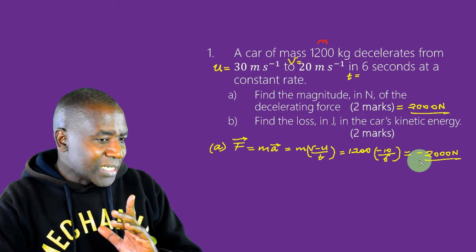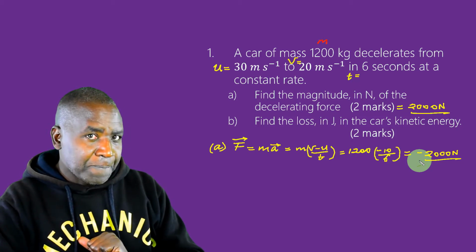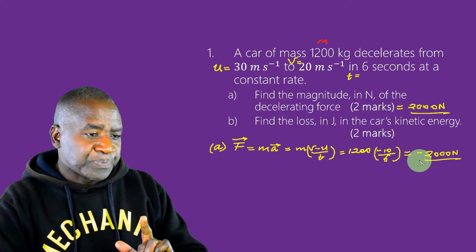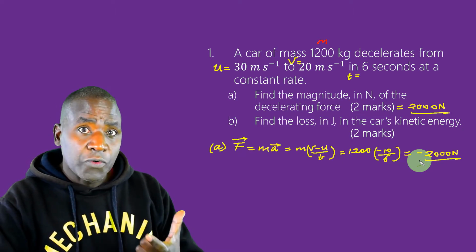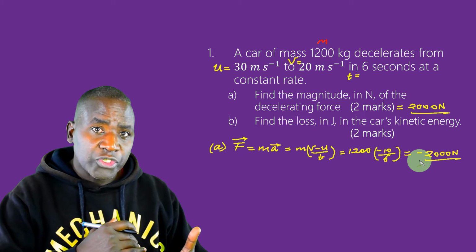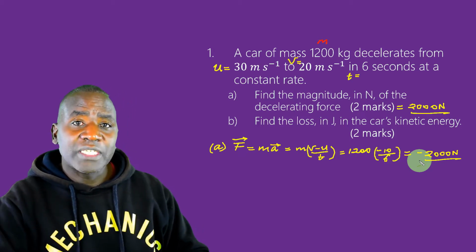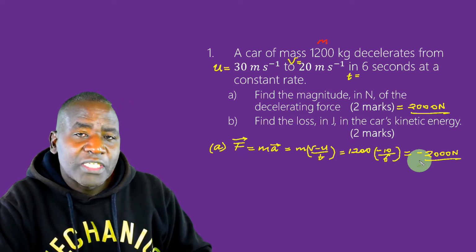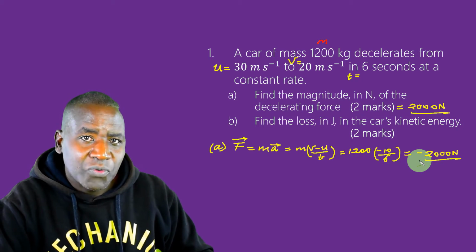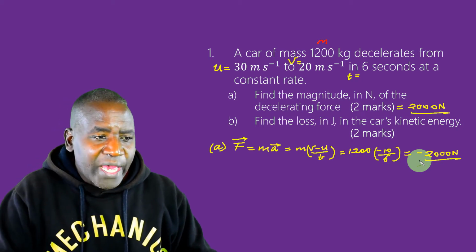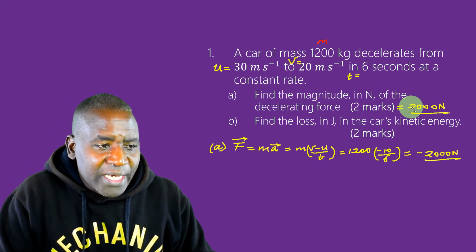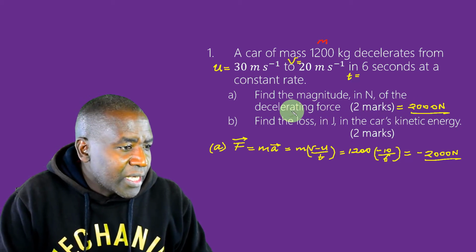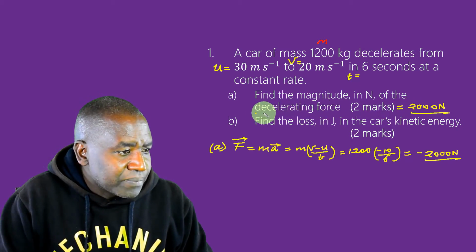But when a negative sign appears there, you will have to reason out that this force acts in the opposite direction to the direction in which the object is moving, and therefore it is a decelerating force. So the absence of the negative sign here is taken care of by this word here.